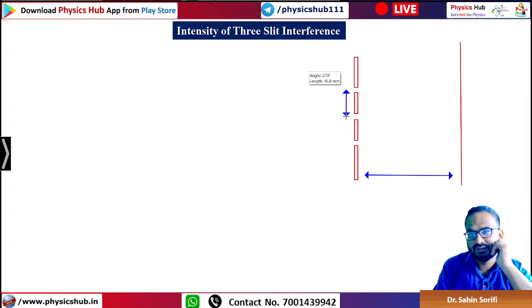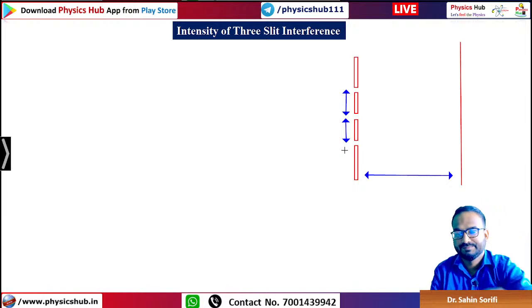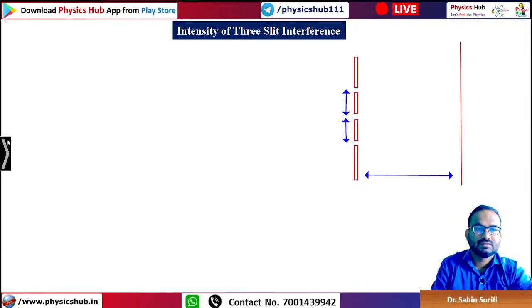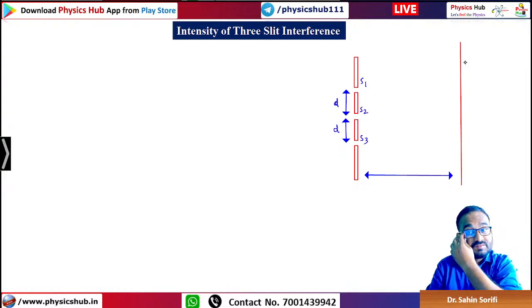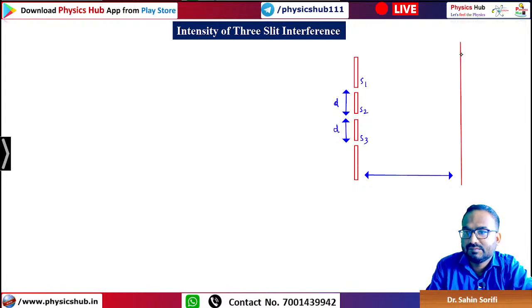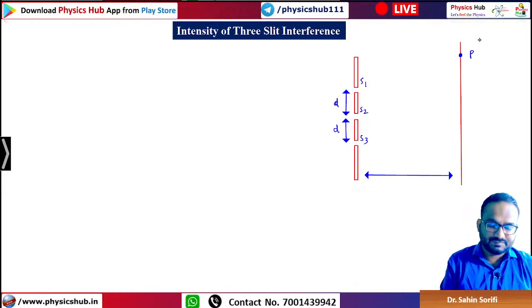The center to center distance between these 2 slits is d and d, so the overall distance becomes 2d. So instead of 2 sources, here we have 3 sources: S1, S2, S3. Because of these 3 sources, we are observing a point, let's say P, and how the intensity varies here because of the interference.